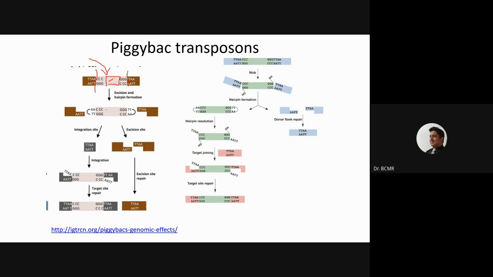It will cut itself out like this, and the donor site will form back to where they were before this transposon was inserted. And that's how we apply the knowledge from basic science and become efficient genetic engineers.